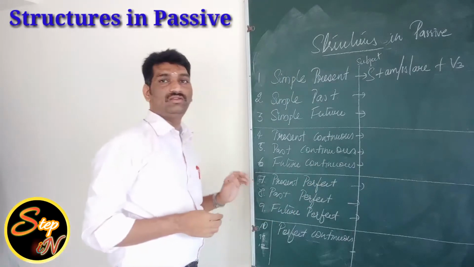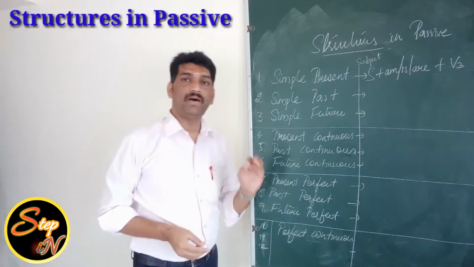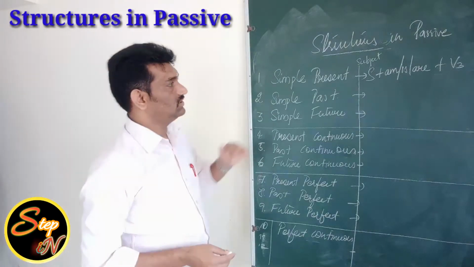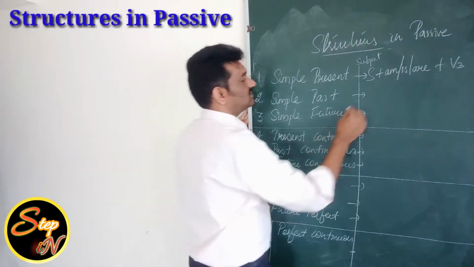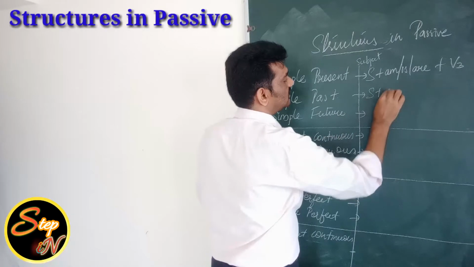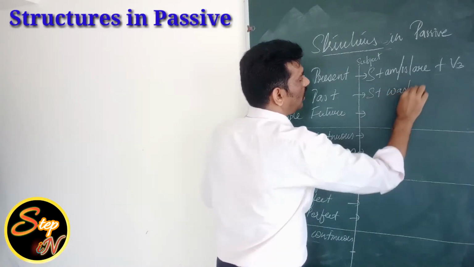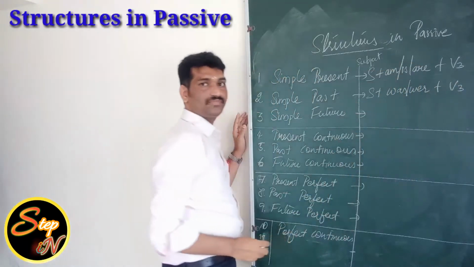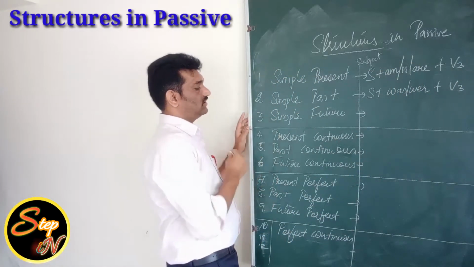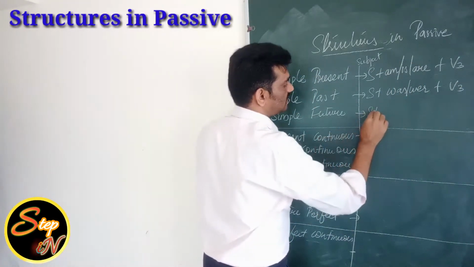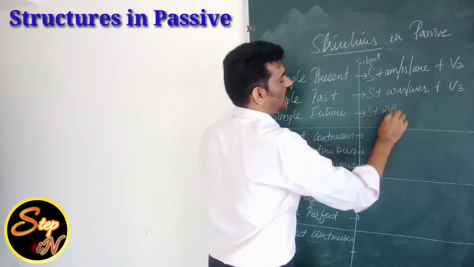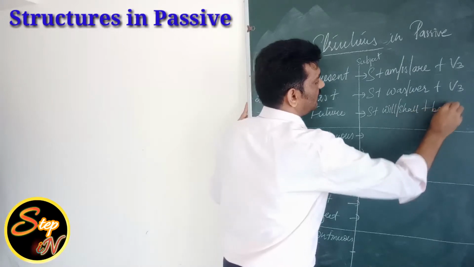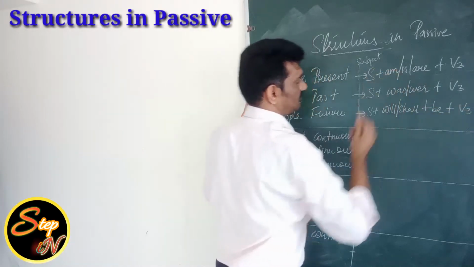Verb 3 is the past participle of the verb, the third form of the verb. The same way for simple past tense, subject plus was or were plus verb 3. And in the same way for simple future tense, we have subject plus will or shall to indicate it is in future, plus be plus verb 3.